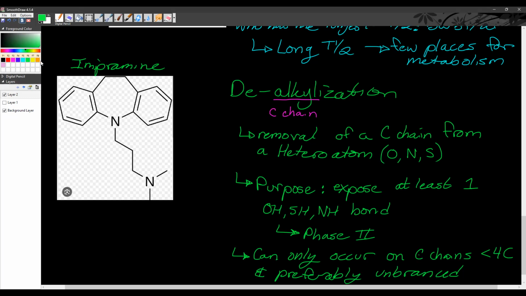So when we look at these 2 different nitrogens, which one is more likely to undergo dealkylation? Probably the one on the bottom. Why? Because it has much less complicated alkyl groups to remove.